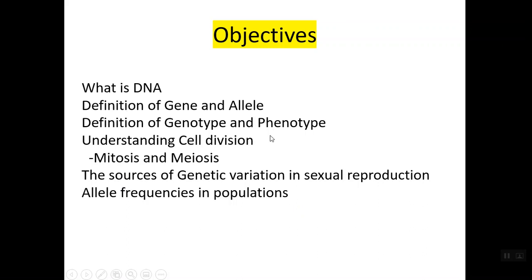We needed to understand what DNA is, where genes are located in our genome, and especially what are the main sources of genetic variation in populations. All right, so we already discussed all these points, so we're now going to jump on allele frequencies and how they behave, how they're studied in populations.